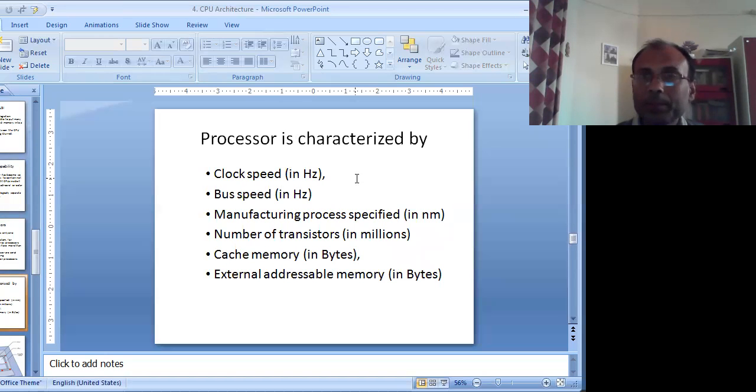The CPU also has interface circuitry in the form of a bus management unit or input-output unit to communicate with the outer components, that means the components of the computer which are outside the CPU.